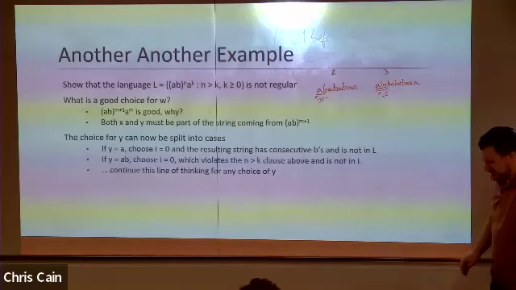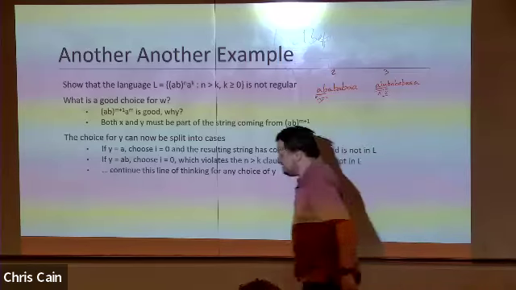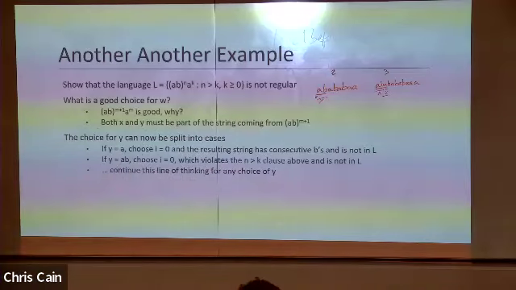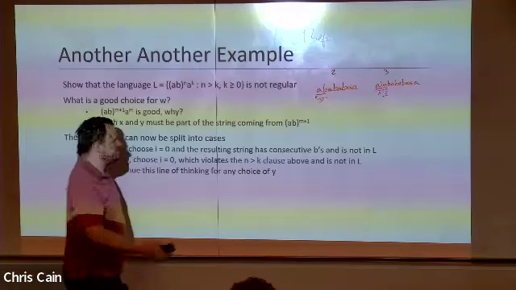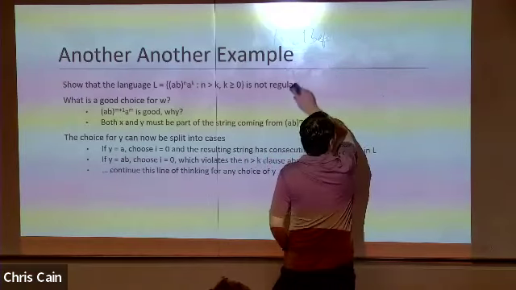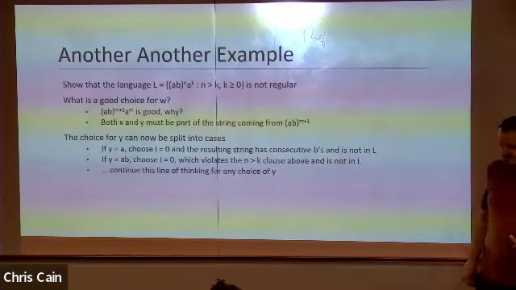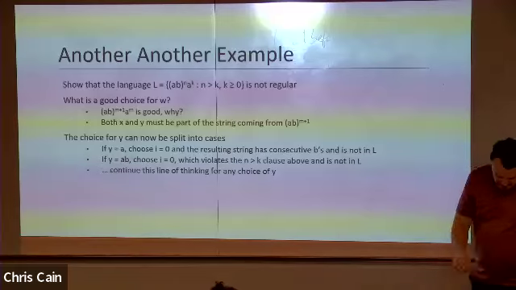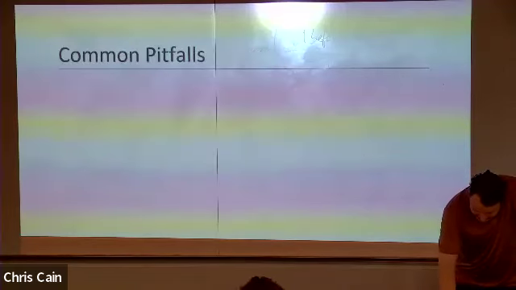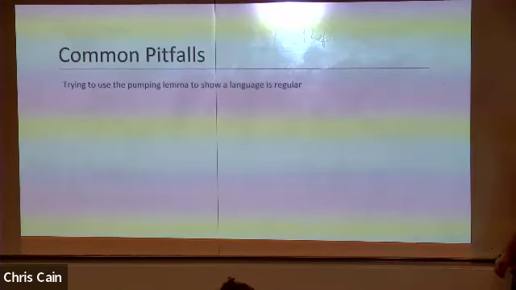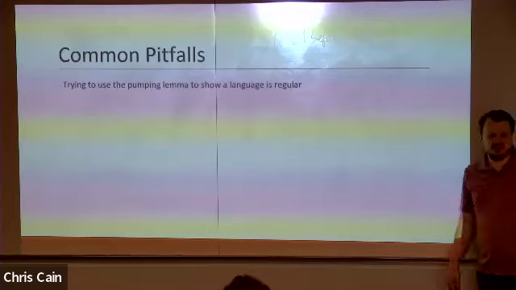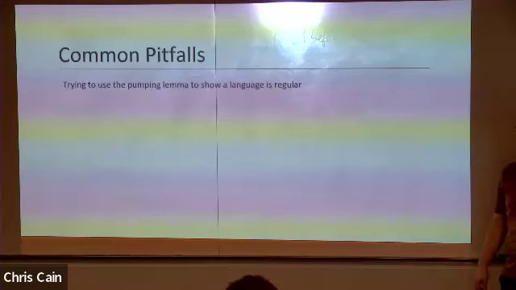The last thing that I really want to cover is some common pitfalls in these proofs, because I find that when people go about trying to prove anything, there are some frequent mistakes, especially in pumping lemma proofs. The first one is trying to use the pumping lemma to show that a language is regular. This will never work.